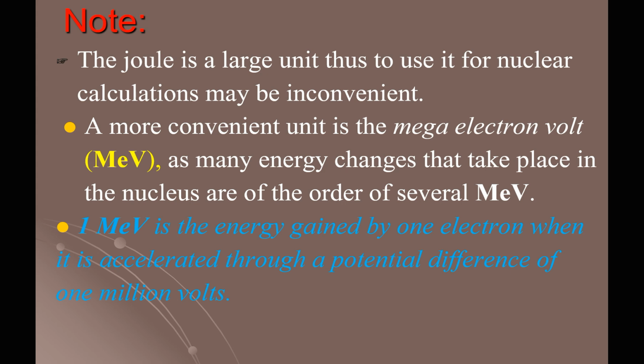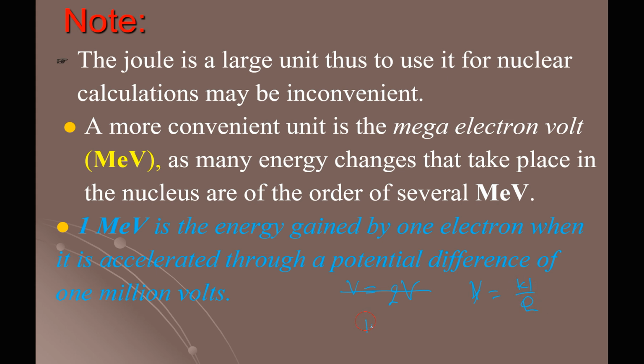Maybe just to remind ourselves of something that we mentioned in AS physics. Remember the definition of electric potential difference: we defined the electric potential difference V as energy per unit charge.